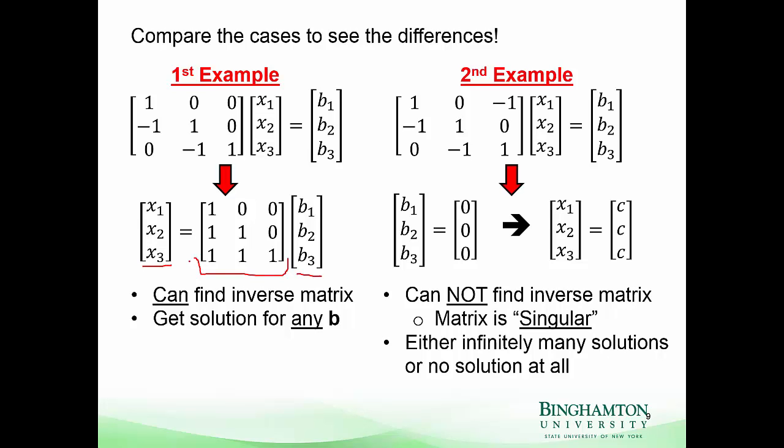On the other side, we found out that if we picked all zeros for our B values, then we could find infinitely many solutions. So there wasn't just an inverse matrix involved. And remember, this kind of links back to our 0 times x is equal to 5.